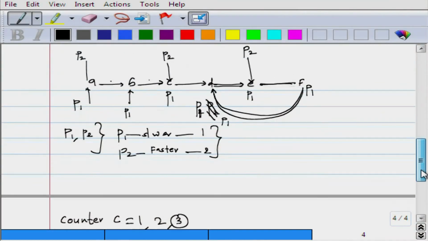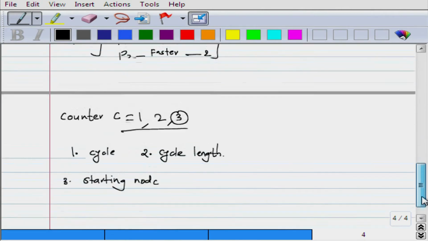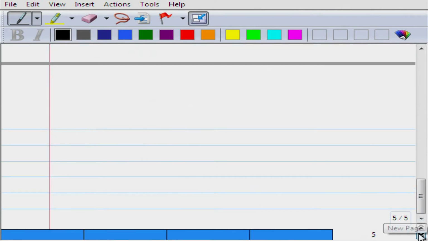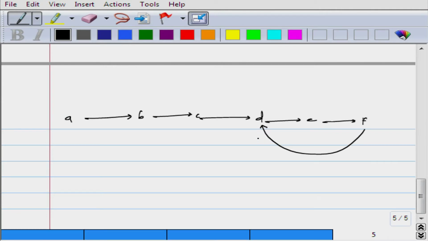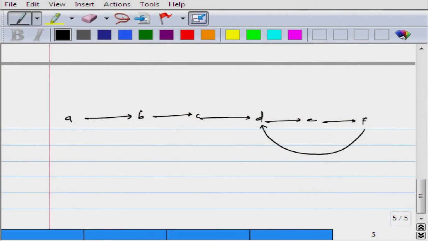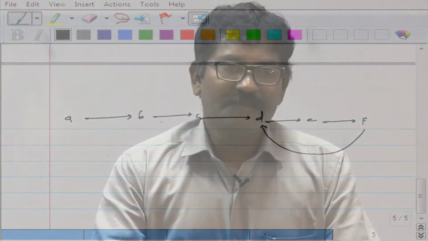What do we do? To achieve this third objective, I am going to continue with the same example once again: A, B, C, D, E and finally F, which is pointing to D. Now, in order to achieve the third objective, I am changing my way slightly.